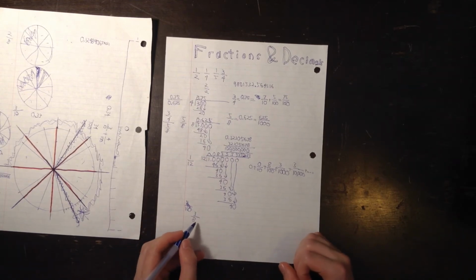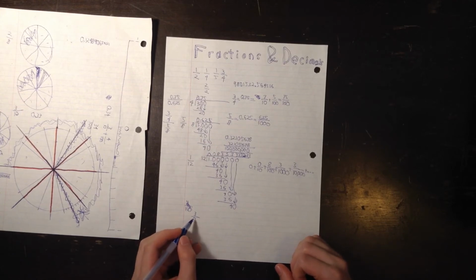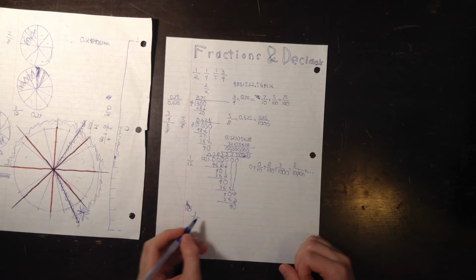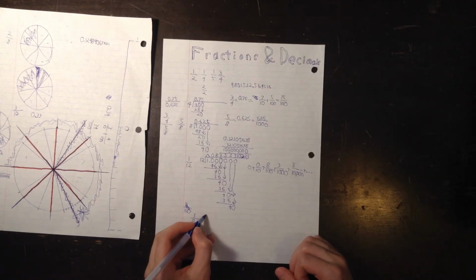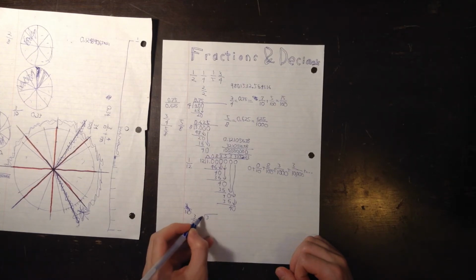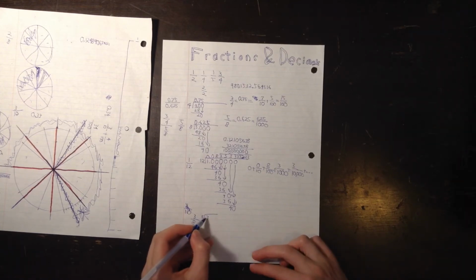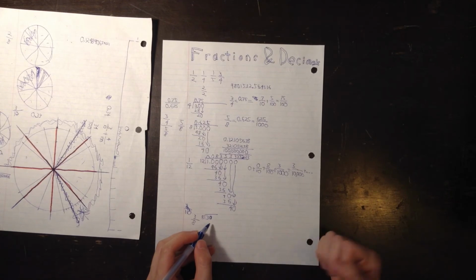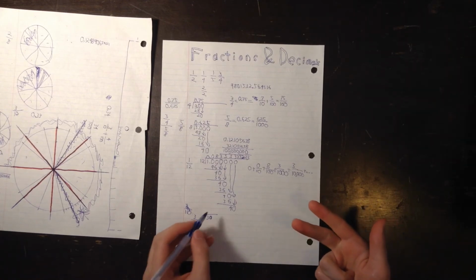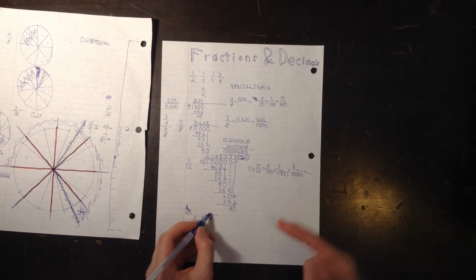3/8 is the same thing as 3 divided by 8. So 3 divided by 8, let's do that this way. Why did I just write a 3 there? I meant to write a 0. Okay. 8 goes into 30, 8, 16, 24, so 3 times.